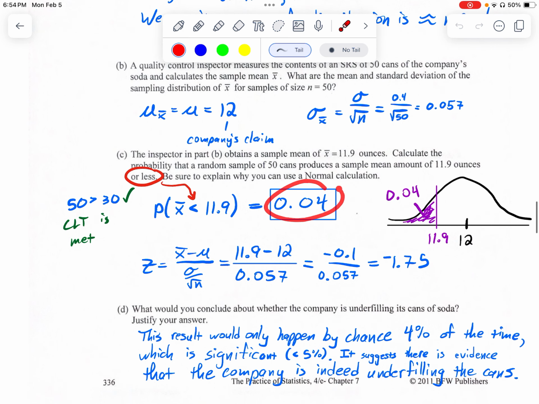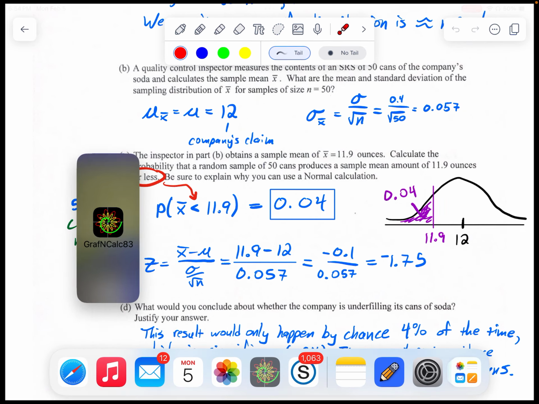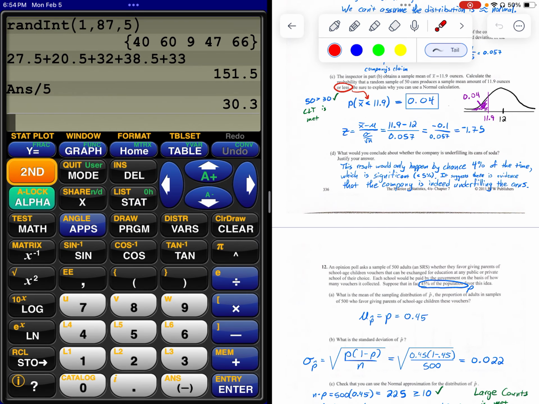We're going to get about 4%, but you have to find the z-score: value minus the center, 11.9 minus 12, divided by your standard deviation from part B. Just take your time, be careful. You should get this z-score. And then at that point, you can use your green packets or you can use your calculators.